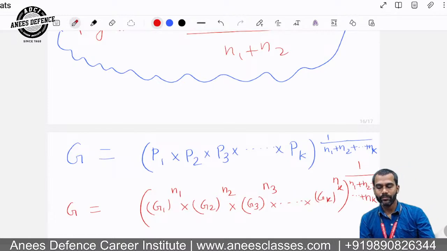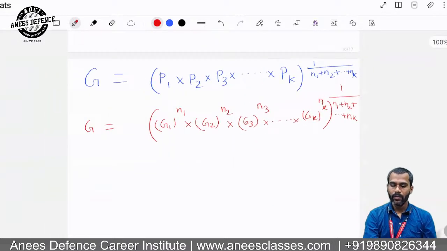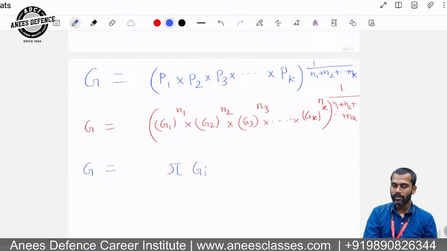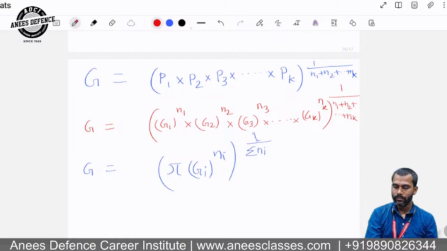Now G is equal to, can I write, product of Gi raised to Ni, and whole power 1 by summation Ni? I hope it is clear.